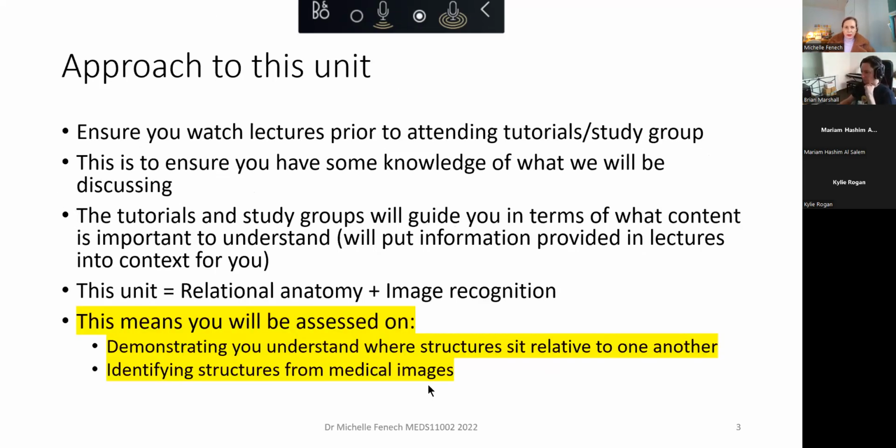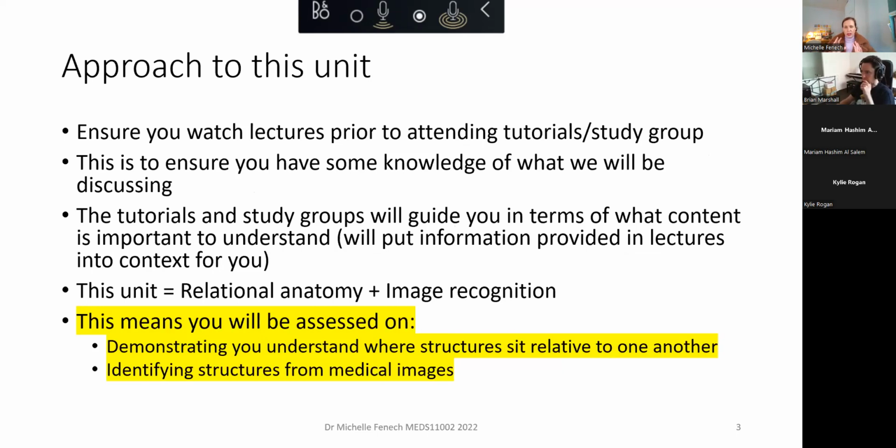I think I've covered this approach to this unit already. Watch the lectures, don't take a million notes, just watch them and hear some of the names. It's like pre-reading, but in lecture form, before you attend these tutorials and study groups. You want to have some understanding of what we're talking about, or else you're just going to sit there getting overwhelmed.